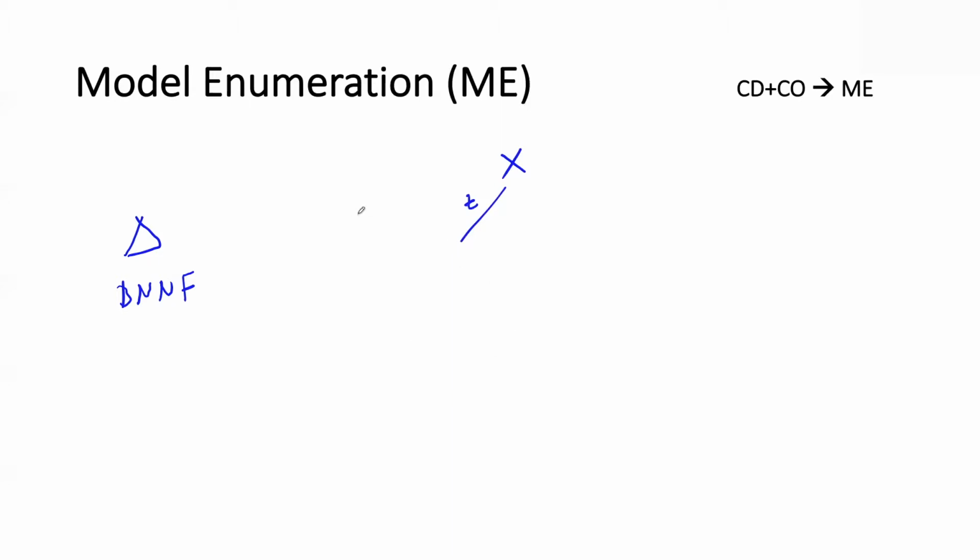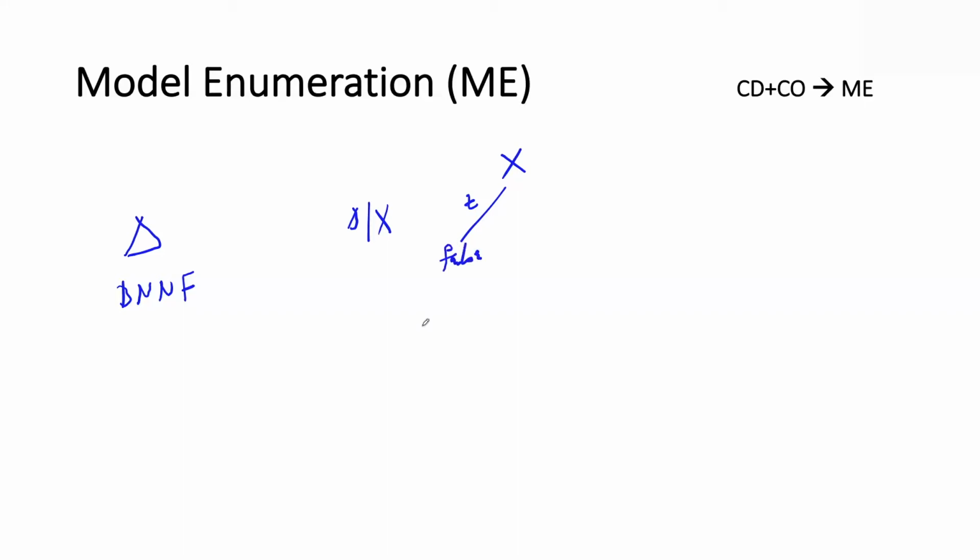So I'm going to take delta, condition it on X, which I know I can do efficiently. And then I'm going to do a SAT test on this formula. Now, delta is DNNF. I can condition a DNNF on X true in linear time. And then I can check consistency in linear time. So I'm going to get 2 things, consistent or not. If it is not consistent, then I put a false here and I'm done.